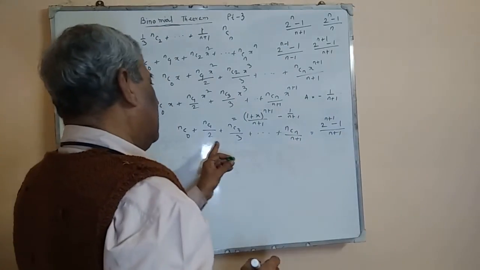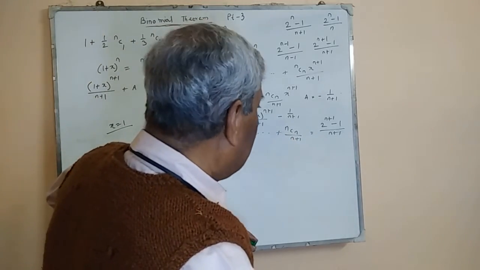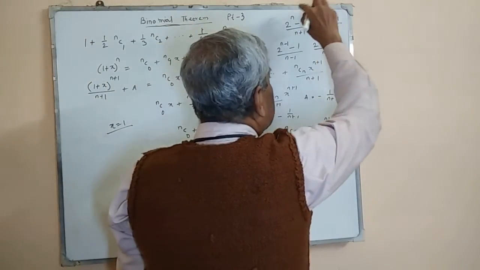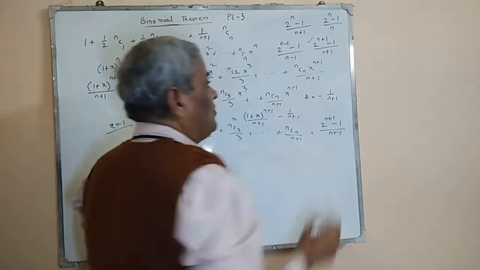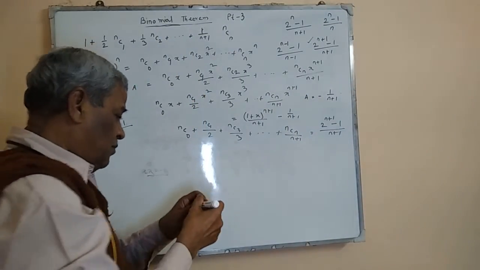So this is our answer. This is equal to that. So the last option is correct: 2 to the power n plus 1 minus 1 by n plus 1.